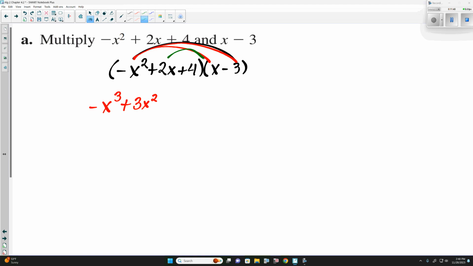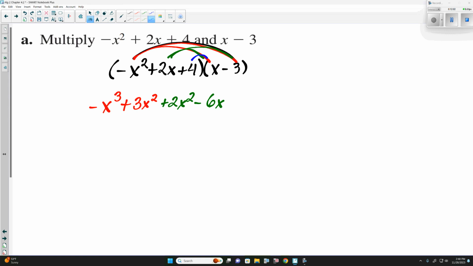Now that we finished distributing with the negative x squared, we can move on to the 2x. 2x times x is plus 2x squared. 2x times negative 3, negative 6x.